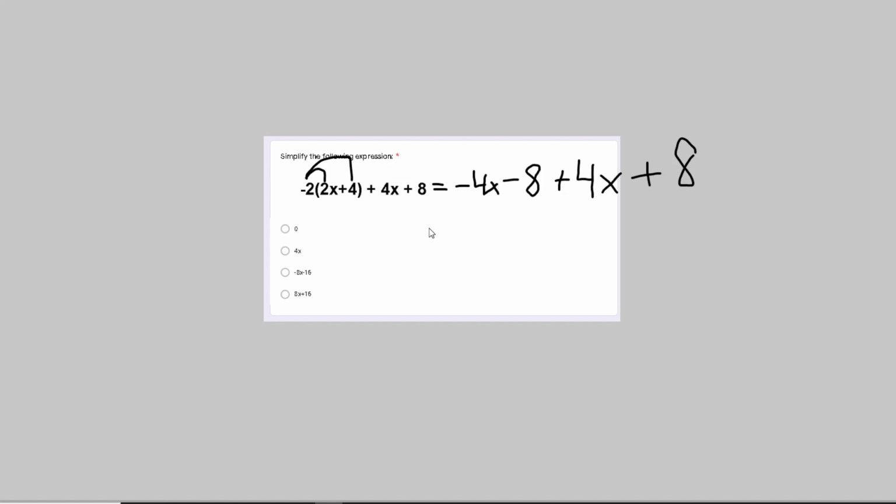And you can see the little thing I like to do is show you how these messy looking problems a lot of times can just end up being 0. And that's what you'll see here because the x's are going to cancel out. Negative 4x plus positive 4x, negative 4 plus 4 is 0. So we have 0. And we have minus 8 plus 8, or switch them around, 8 minus 8.